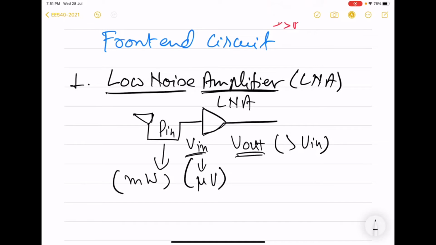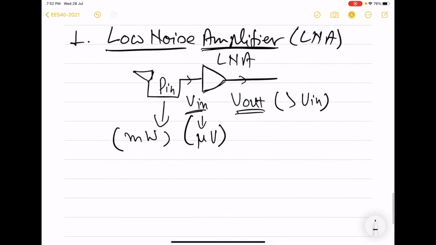So this output will become a lot more noisy, and then it will become difficult to process it. So it is important that this amplifier does not add a lot of noise to the incoming signal. So that is why we have to focus on the noise added by the amplifier to the incoming signal.